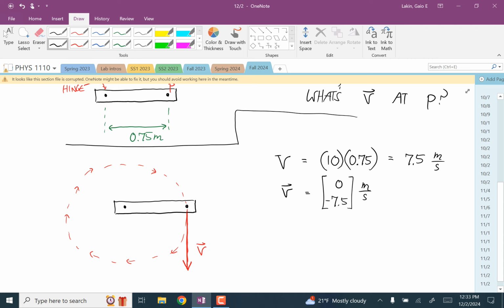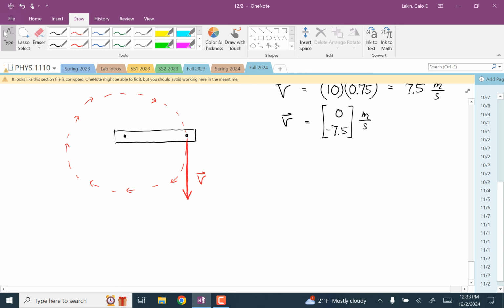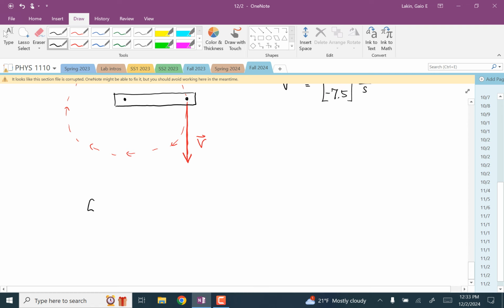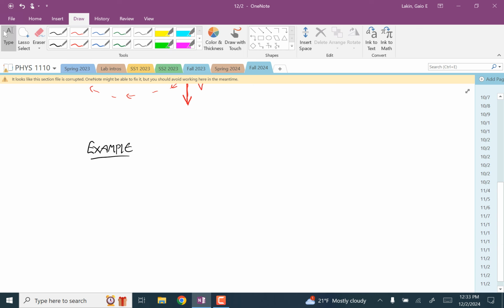Any questions about that calculation? Okay, let's do another similar one. Okay, let's say this time we have this object again rotating.